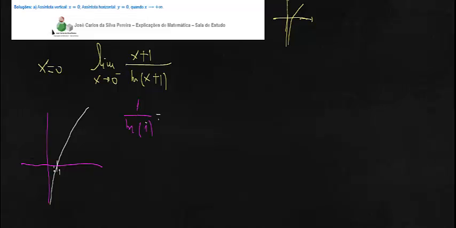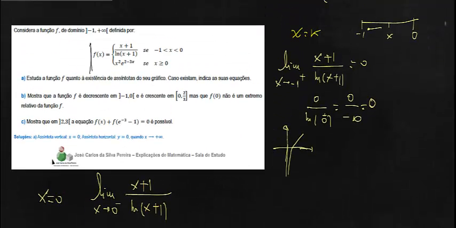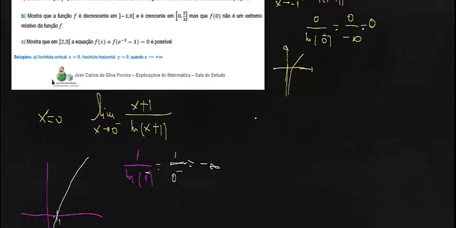It is not minus infinity, because logarithm of 1 is 0. But as it is a little bit lesser than 1, it is 0 with a sign minus. Okay, and so it will become minus infinity. So I can say that x equals 0 is, of course, an asymptote.